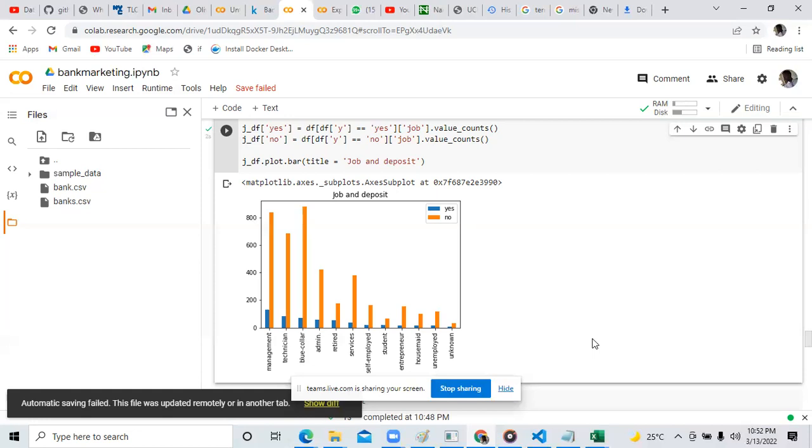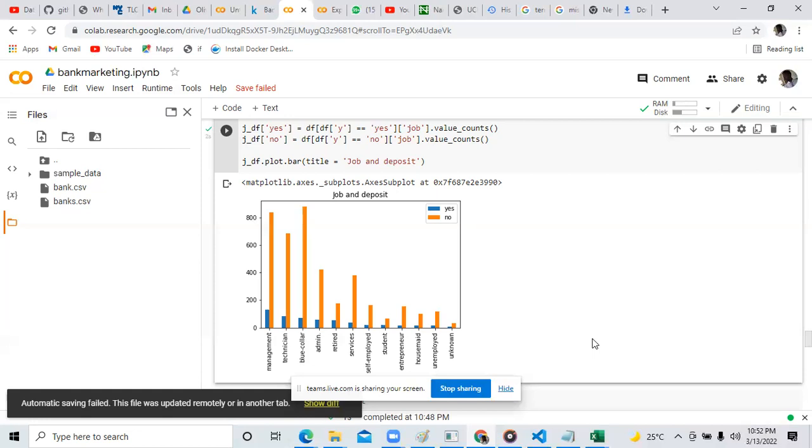But we still have retired, because retired and admin are more or less on the same par. Okay, is that all? Then those who are unemployed, they deposit less.